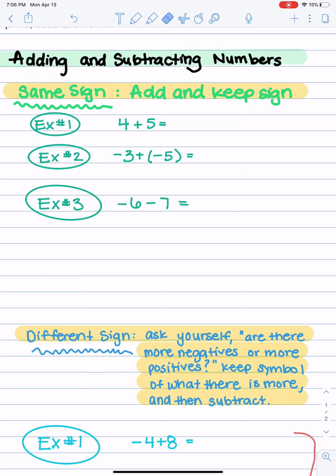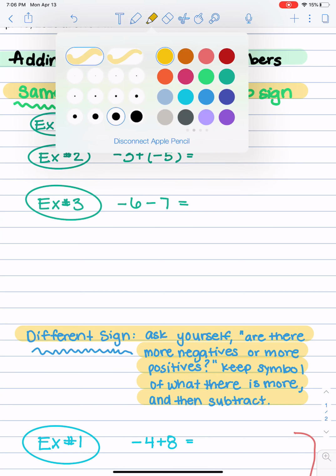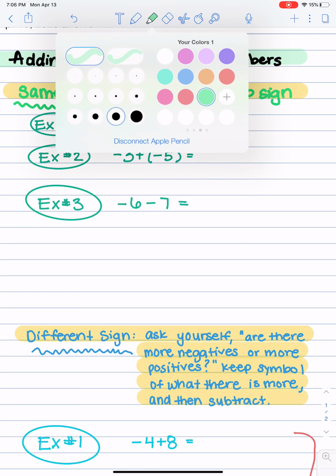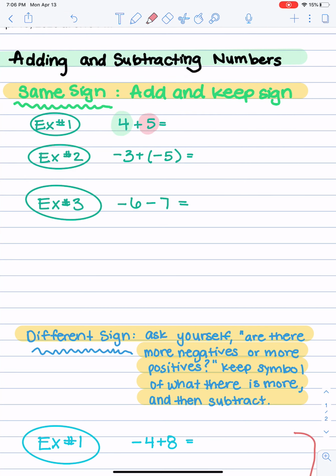If they have the same sign, you add and keep the sign. So for example, let's look at our first problem. Here I have 4. This 4 is positive, and then this 5 right here, what do you think it is, positive or negative?